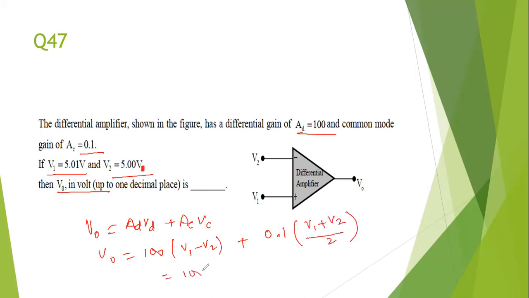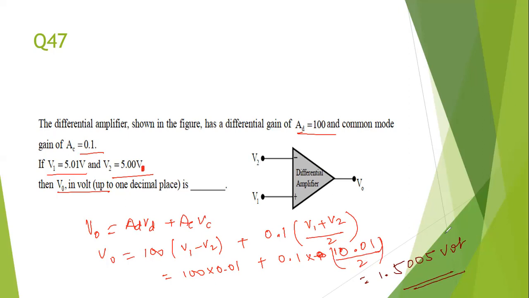Just put here 100 into (5.01 minus 5) plus 0.1 into 10.01 divided by 2. After putting all these values, you will get the answer equal to 1.5005 volt.